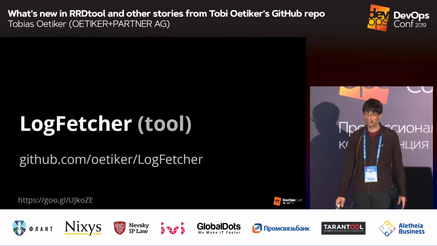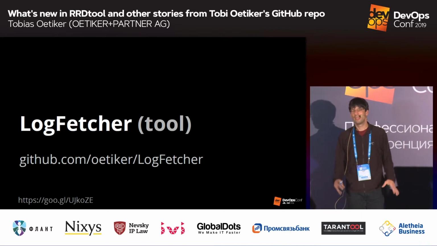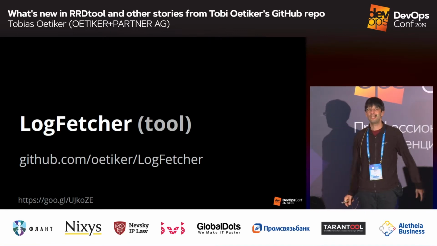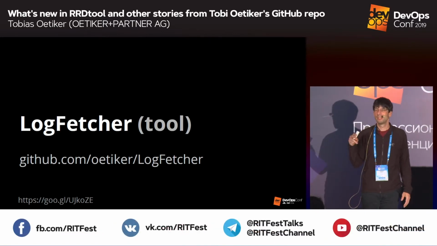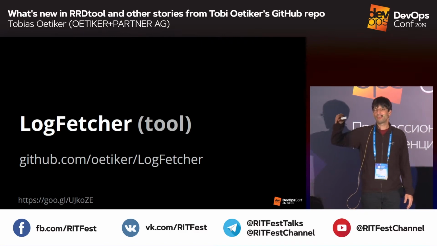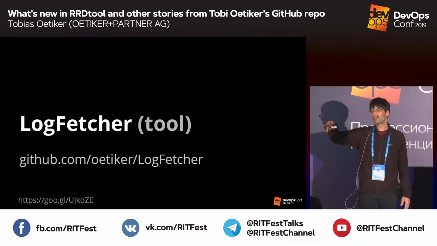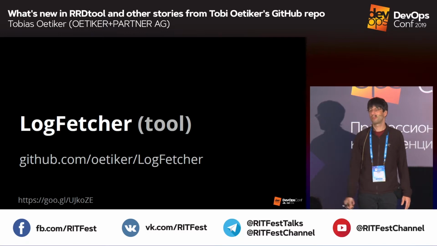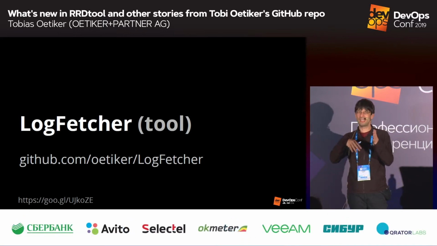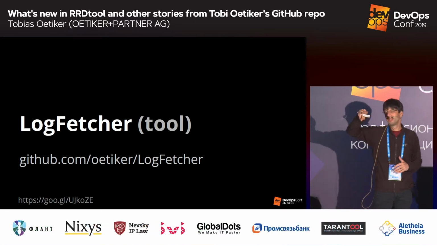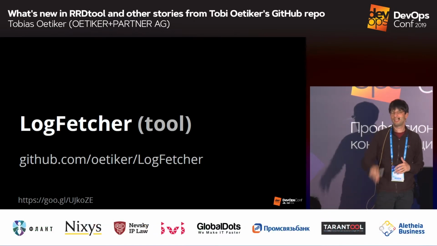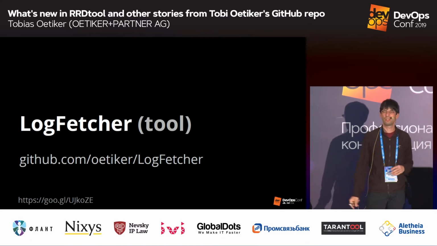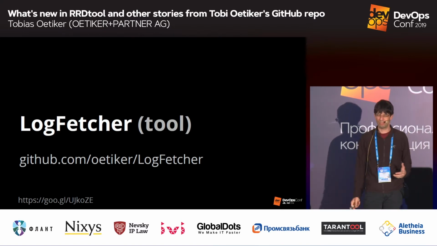And so I wrote log fetcher, which is a tool that can go into a Unix system, BSD, Linux, and figure out which log files are not being written to anymore and copy them out. So the idea is that you set the box up so that it rotates the log files, writing to one and then keeping copies of them. And the tool will fetch the copies as soon as it detects them and store them on another system where then the logs can be processed.